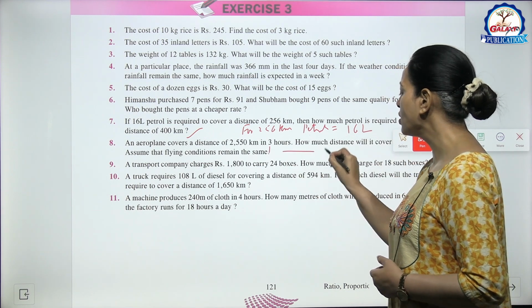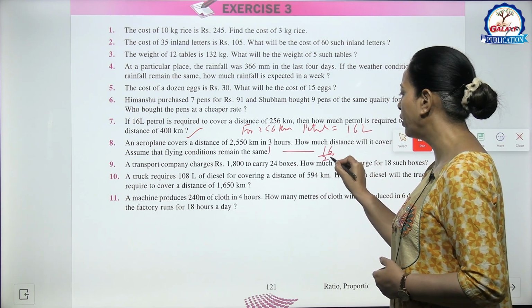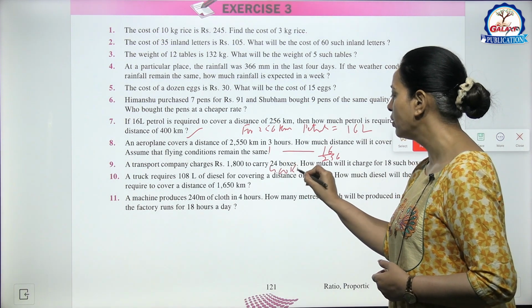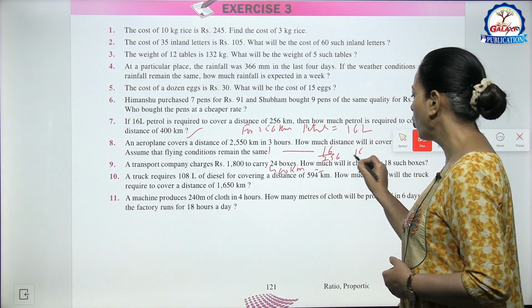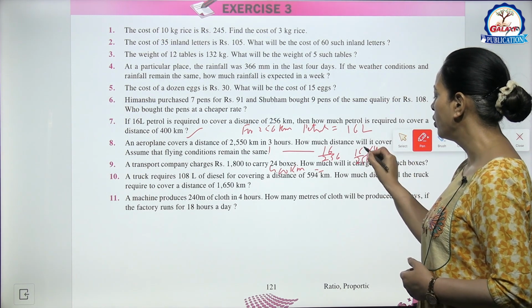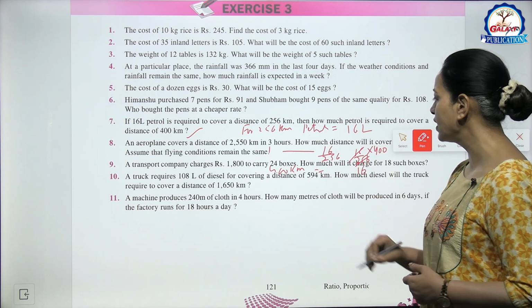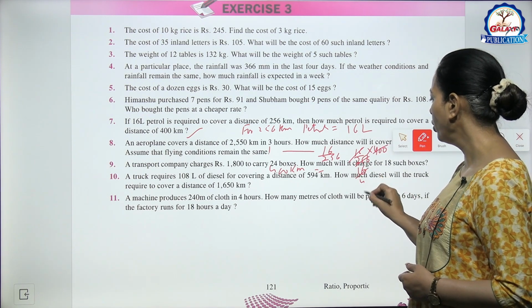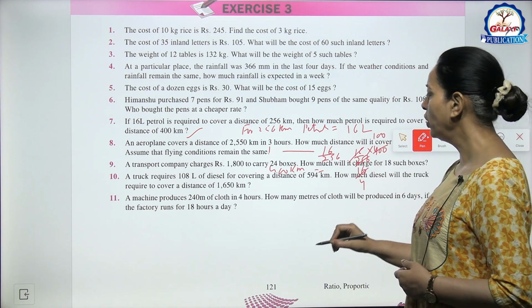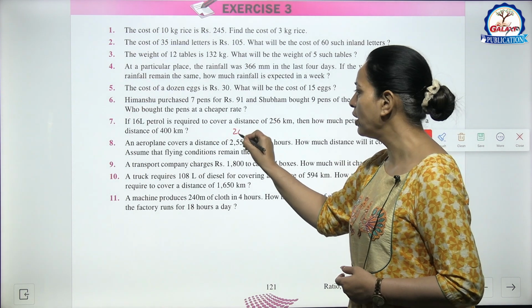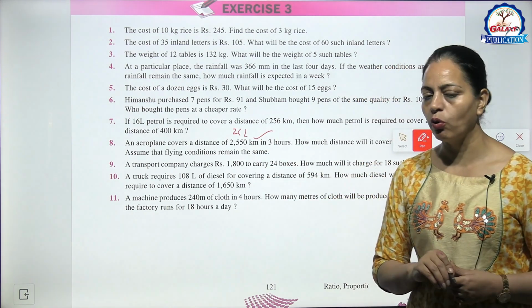For 1 kilometer, 16 upon 256. And for 400 kilometer, 16 upon 256 into 400. So you will get 16 only, then cut it by 4. So we need 25 liter. Answer is 25 liter. Okay.